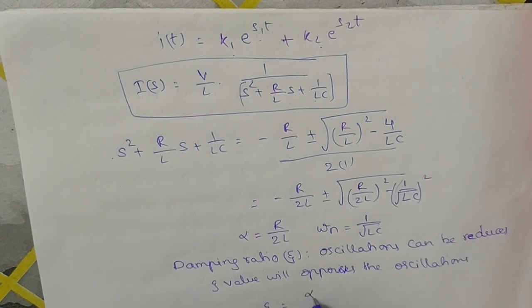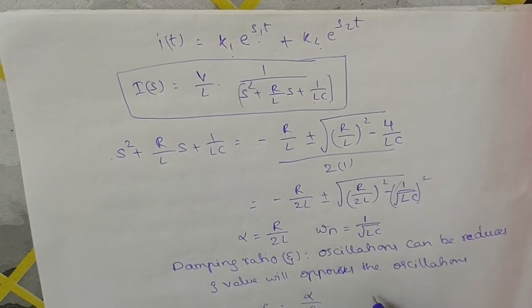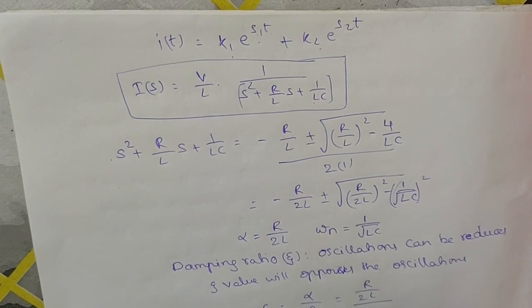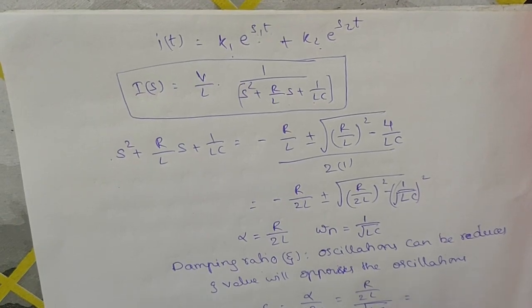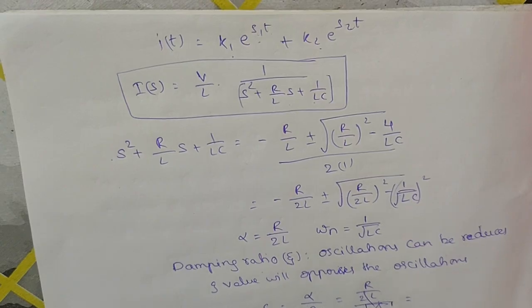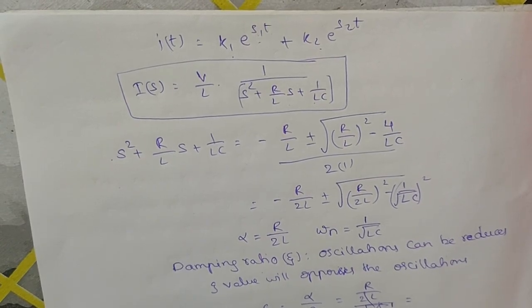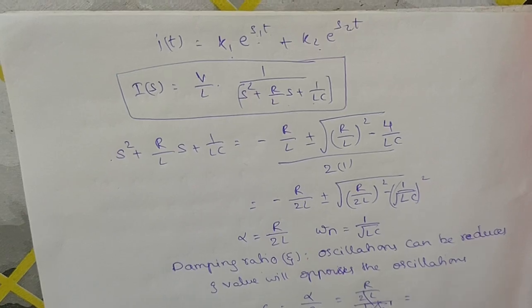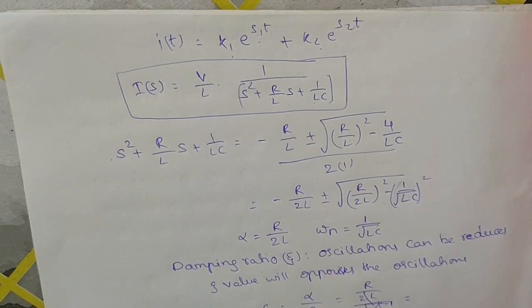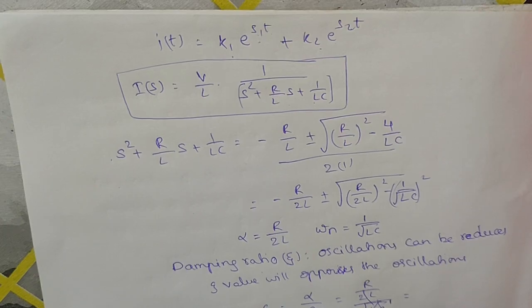Zeta value is alpha by omega n. Alpha value is R by 2L, and omega n is 1 by root LC. Therefore you can write R by 2L into 1 by root LC, that means R by 2L into root LC.